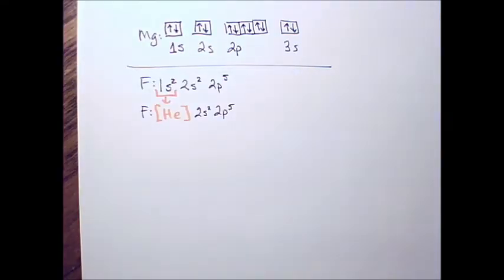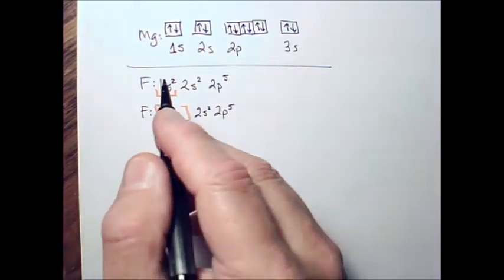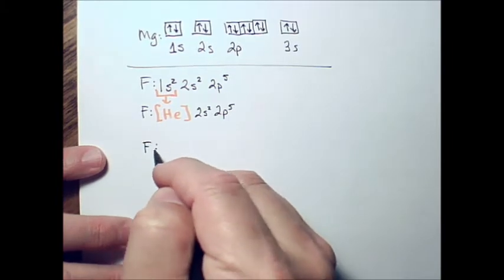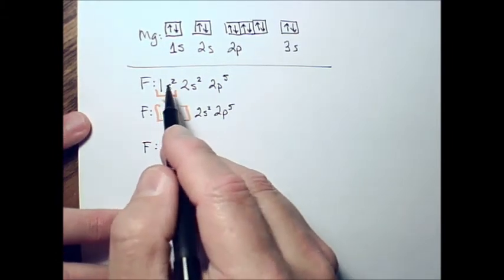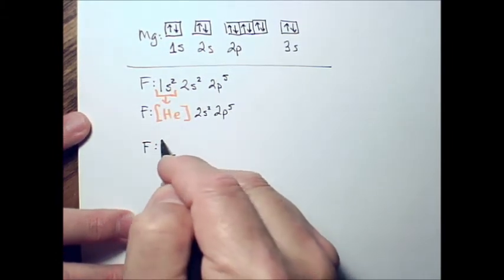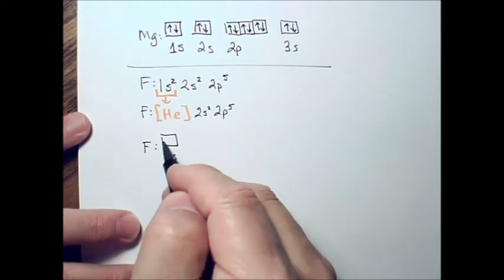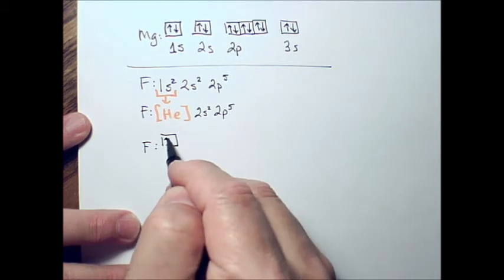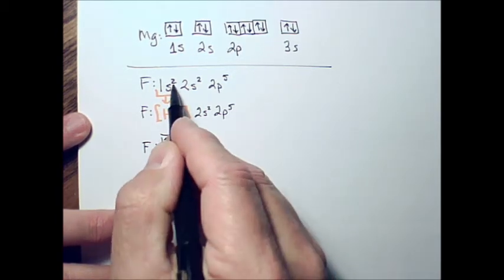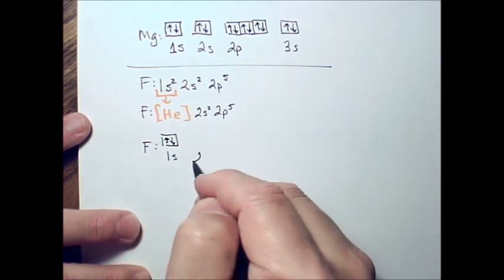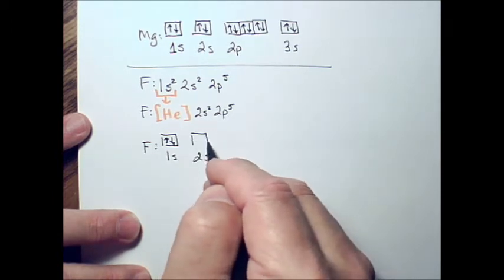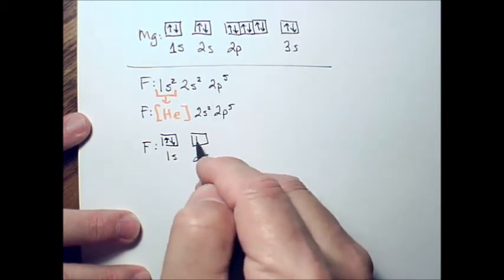Okay? All right, let's do the orbital notation now. So we've got a 1s sublevel. We're going to have only 1 orbital in a 1s sublevel, and that has 2 electrons here. Or we need 2 electrons in it because there are 2 there. Then we'll come to 2s. So we have 1 box, 2 electrons.